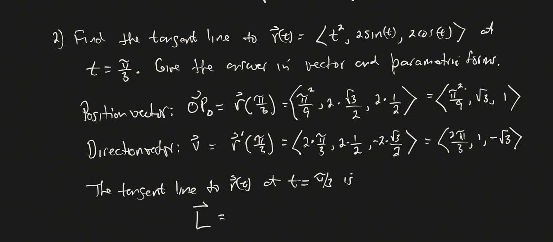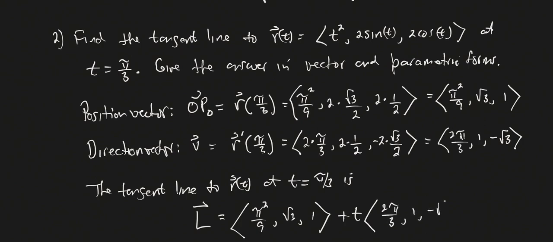We take our position vector that takes us to the point on the curve, plus all the possible scalar multiples of my direction vector, so plus t times 2 pi over 3, 1, negative root 3.